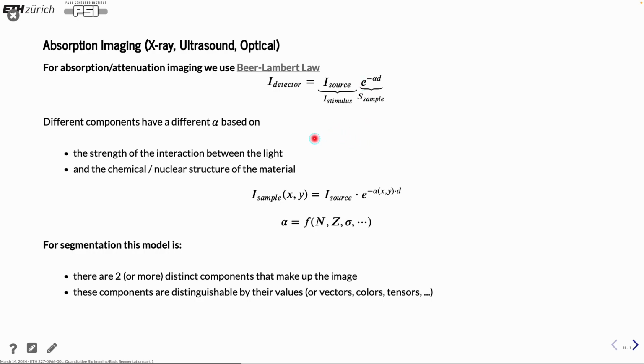And of course, it's a complex system. So first of all, alpha depends on the spatial position. In this case, I just use X and Y, but we also have Z. Of course, we have 3D data, but not only, it also depends on which elements or which material. It depends on the density, and can even depend on the excitation energy.